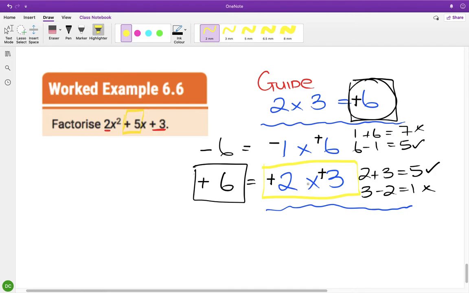Whereas here, in order to combine 2 and 3 to get 5, they would both need to be plus. And when you multiply numbers with the same sign, you get a positive. And the guide number was a positive 6. So that's how you make your decision. Now you only need to look at that if there's 2 possibilities. Okay, and it doesn't happen often, but it does happen.